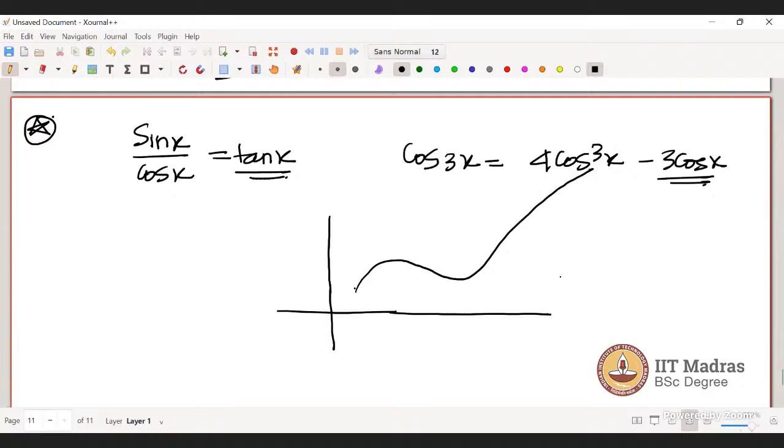Suppose I am taking this point. Actually, you have a tangent at this point. If I draw the tangent, it touches the curve at more than one point, at this point as well as this point. But if you use that definition, then by that definition this is not a tangent. But technically it's a tangent.